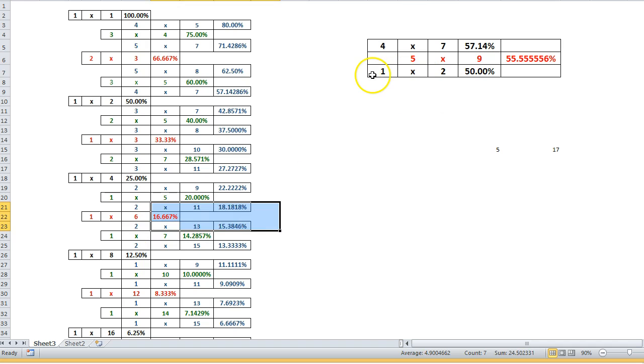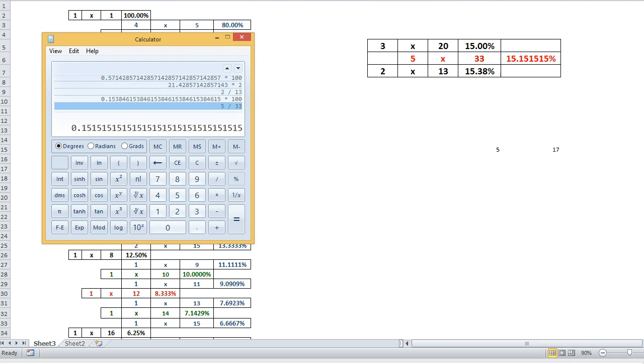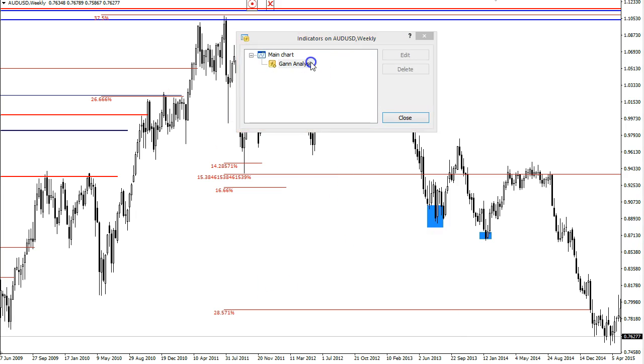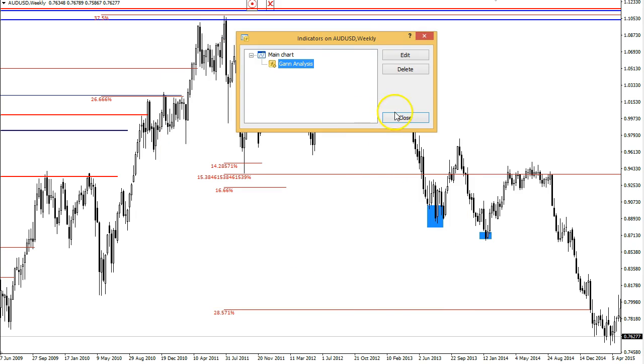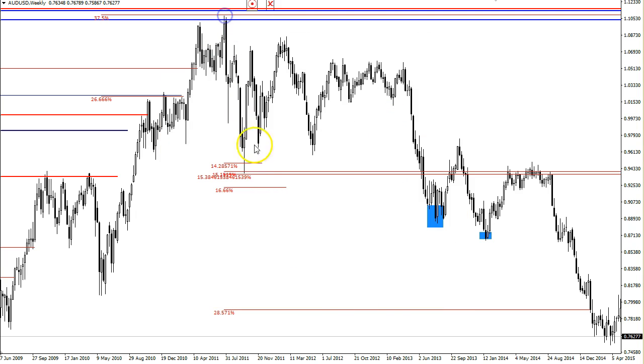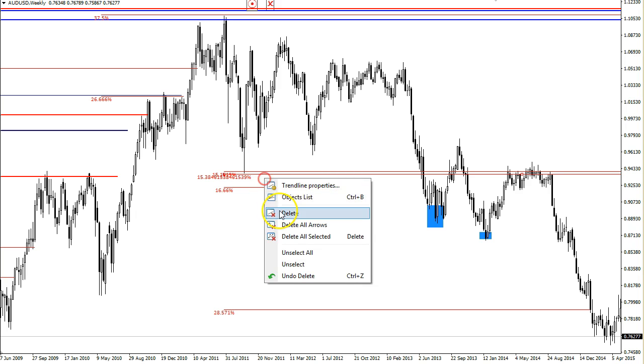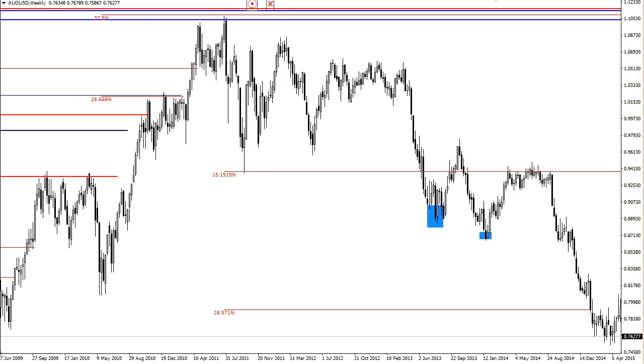So we have 2 by 13, and you have 1 by 7. It's 15%, and you can also get 3 by 20, 5 by 33. 5 by 33 over 100 is 15.1515. So 15.1515 is better than both levels.